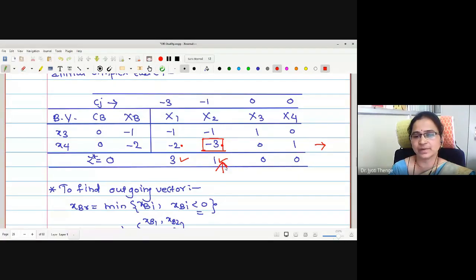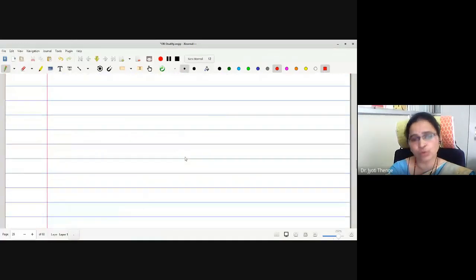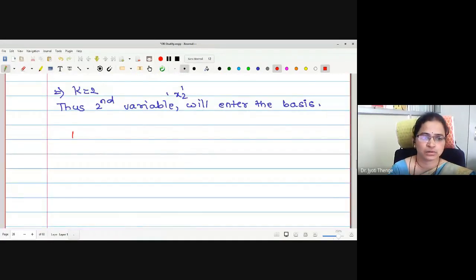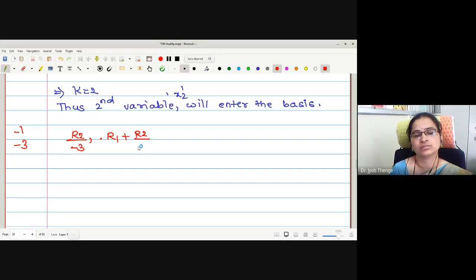I have marked it, but I forgot. Minus 3 it is. Now what is my row operation? R2 by minus 3. Good. And what is the first element? Minus 1, minus 3 are the entries. So what are the row operations? First is R2 upon minus 3. Second is R1 added with R2 upon minus 3. Okay.